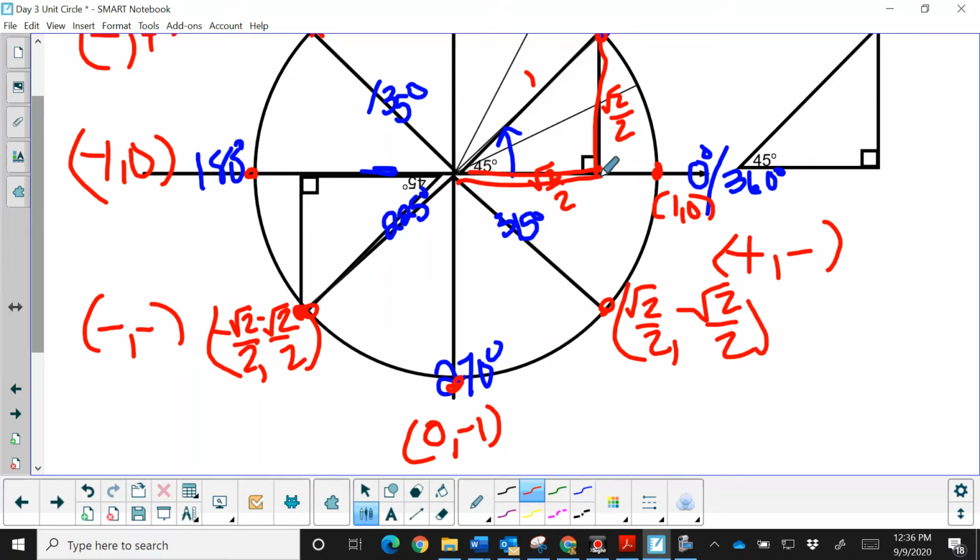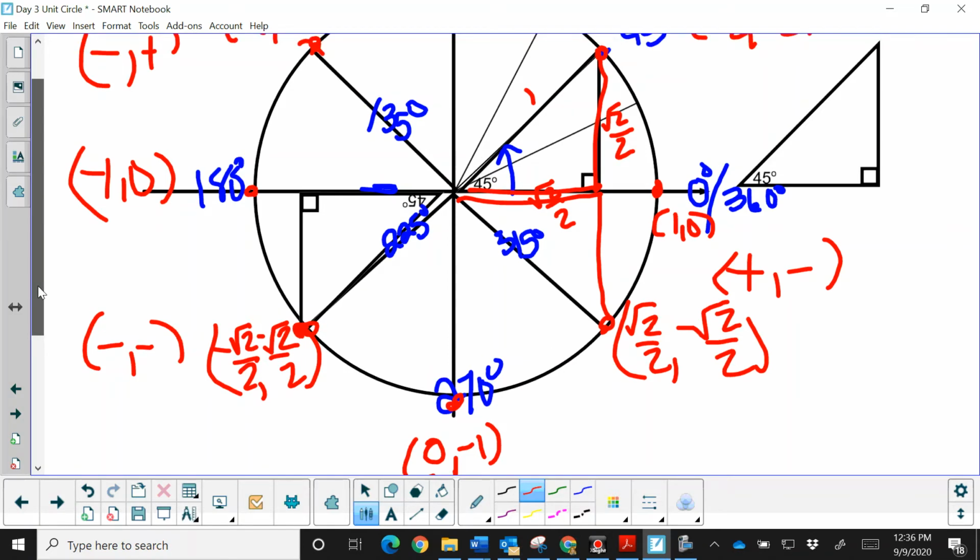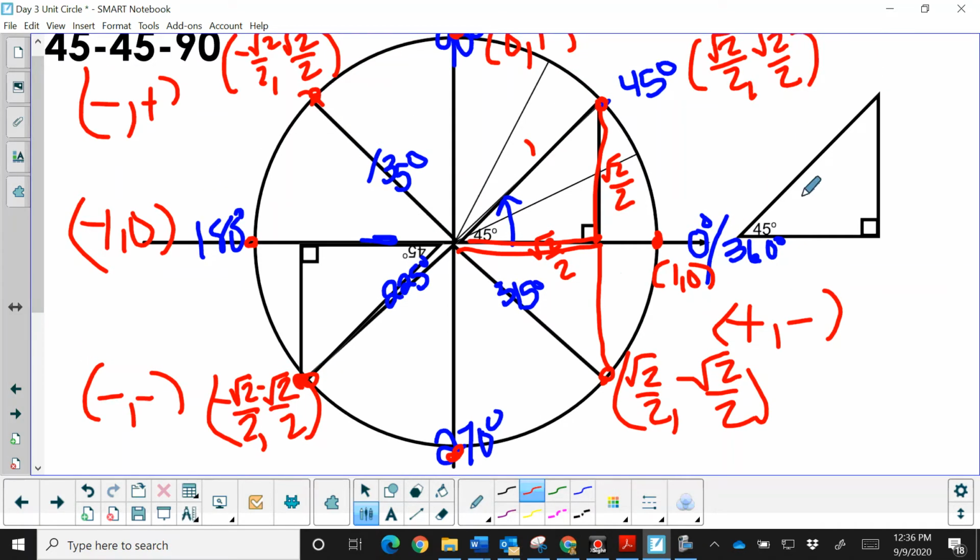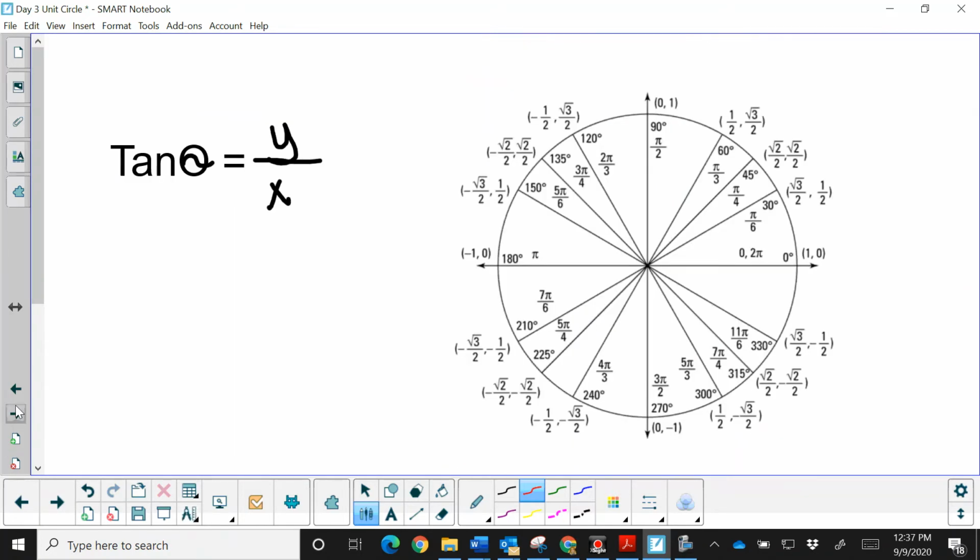So positive, negative. Okay, so we've talked about 45 degree angle triangles creating these 4 positions, 1, 2, 3, 4. We also have to think about 0, 90, 180, and 270. So now at this point, you should have all these positions labeled.